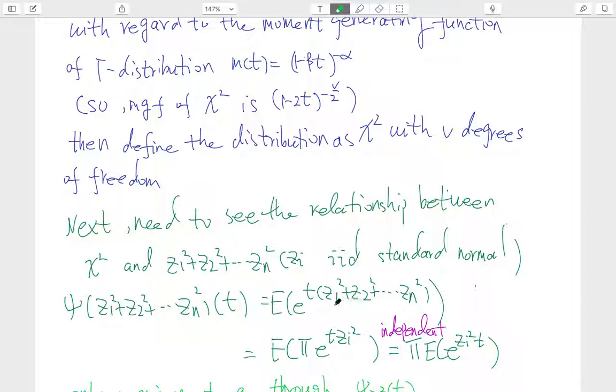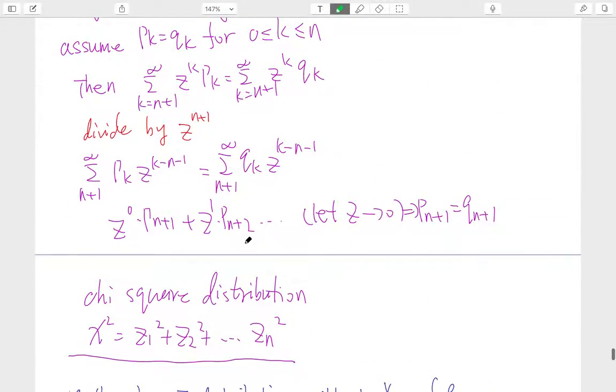Just substitute in, replacing the original position of x. I mean, if you take the moment generating function with respect to x rather than this lengthy formula, then it can be expressed as the expected value of Euler to the tx.